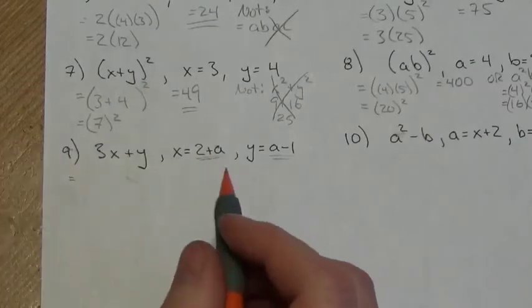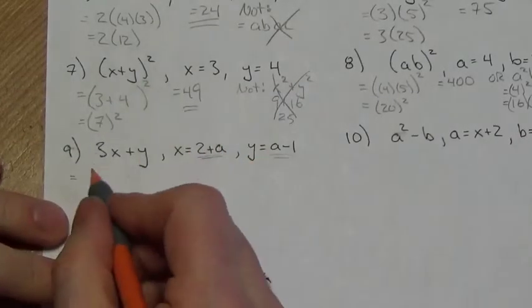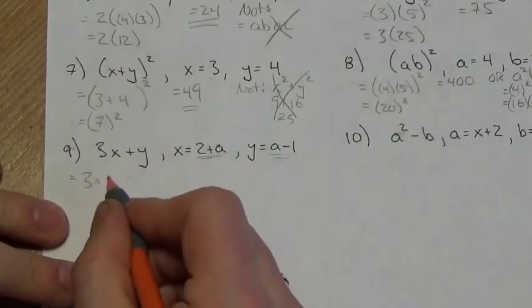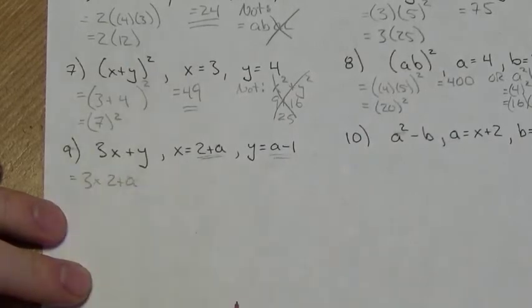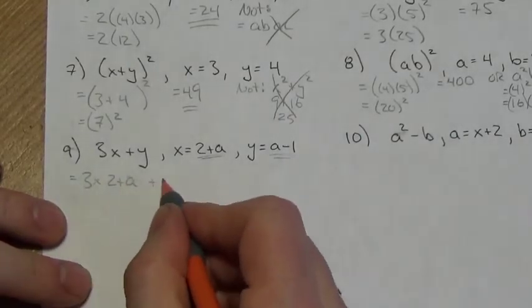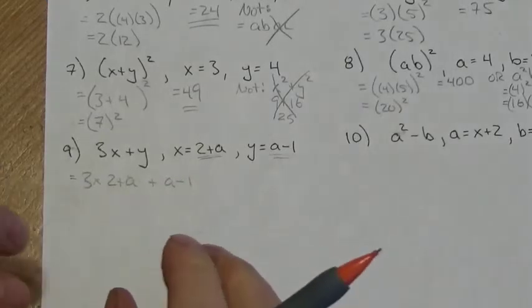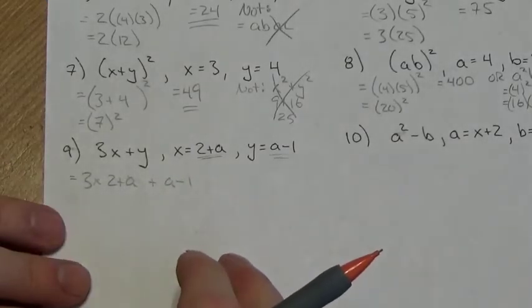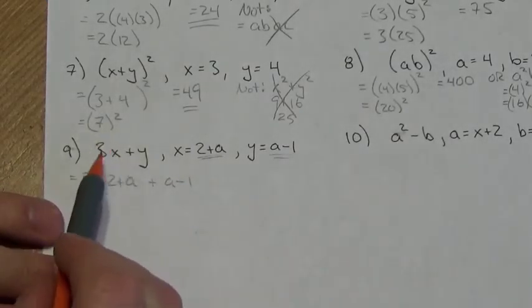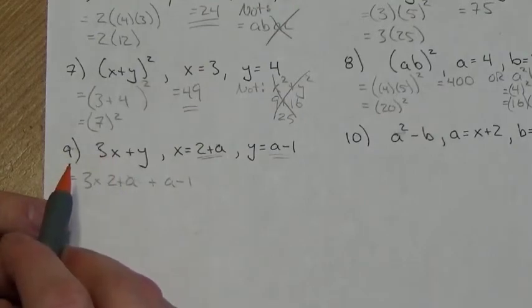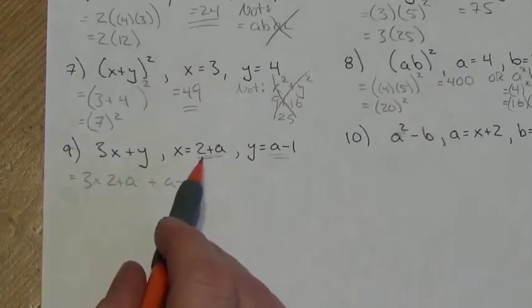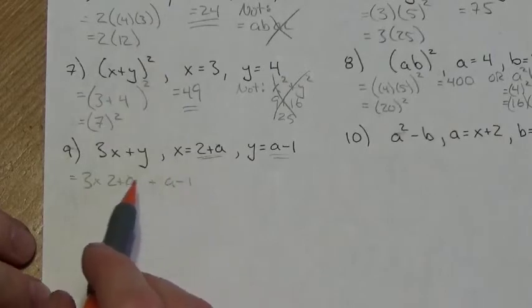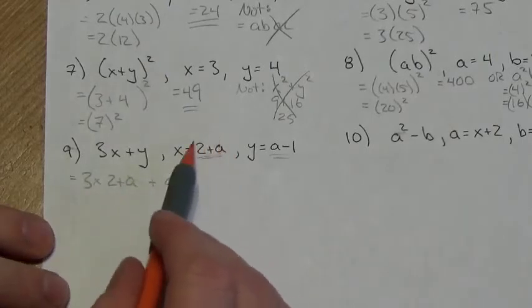Well, x is this. Now, here's the mistake that gets made: 3 multiplied by 2 plus a, and then you're going to add a minus 1. There is a mistake here. The expression says that 3 is multiplied by x. Well, x is 2 plus a, x is this whole thing here.